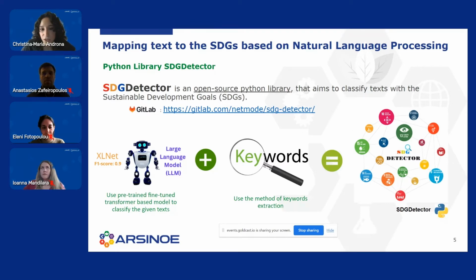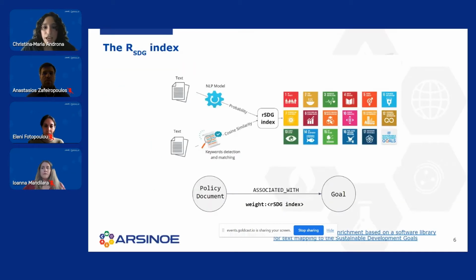And the next method that we use is a keyword detection, where we find similarities between keywords from text documents and the keywords of the Sustainable Development Goals. So by combining these 2 methods, we come up with an index called the SDG index, which maps each text document to every one of the Sustainable Development Goals with its own weight.